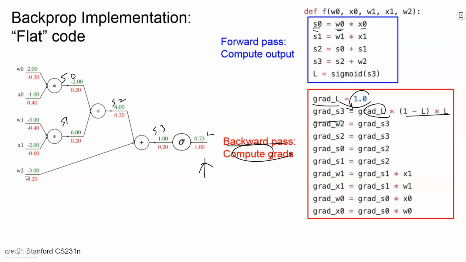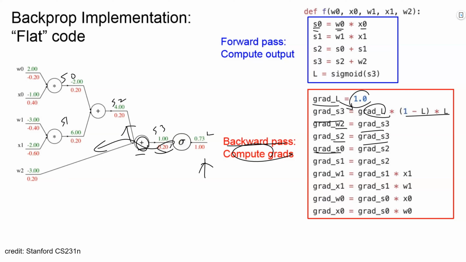And W2, because here we have an adder, receives this gradient. So this gradient goes here and here, because the ADD gate is like a gradient distributor. So W2 and S2 receive the same gradient like this.